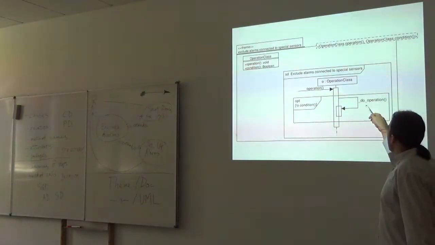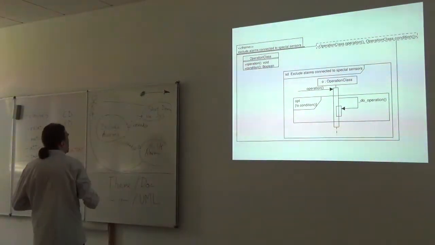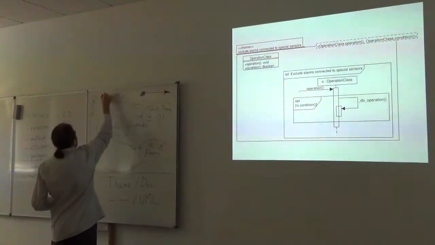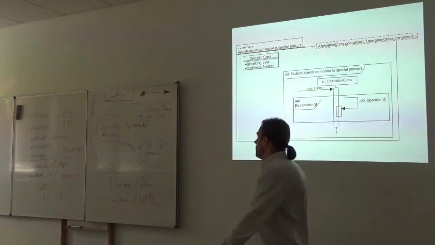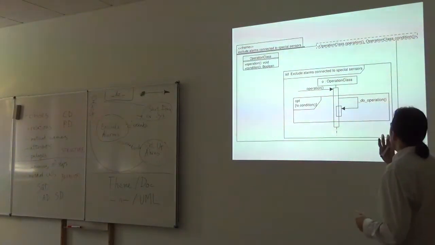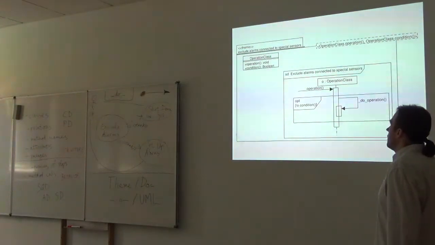This do is a part of theme UML and it stands for the real operation, the body of the operation. So we don't deal with the body of the operation here, because we are talking about that operation, not what is within it.